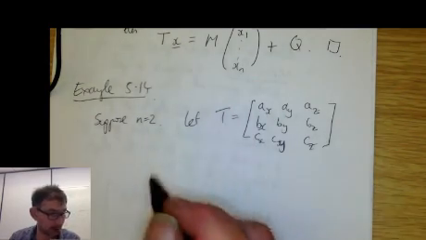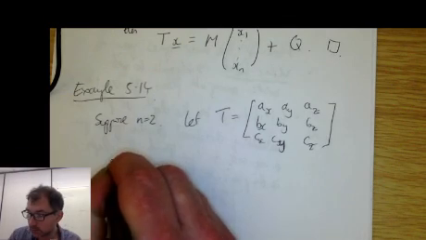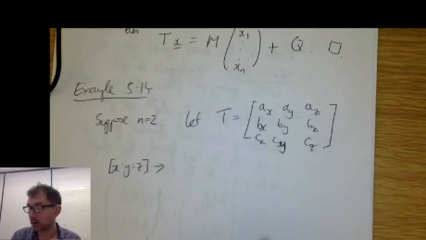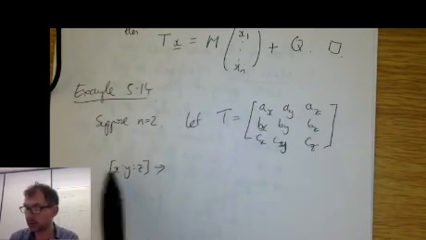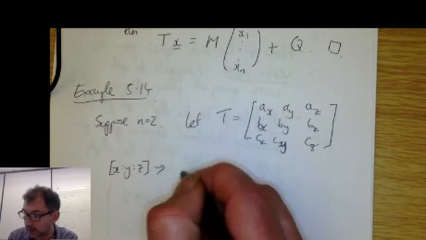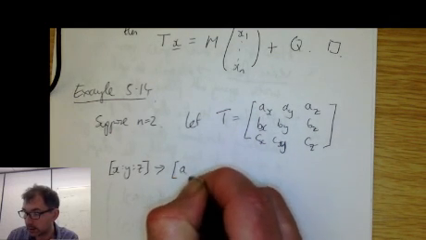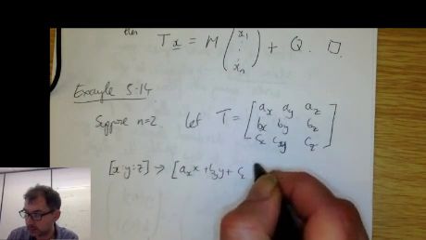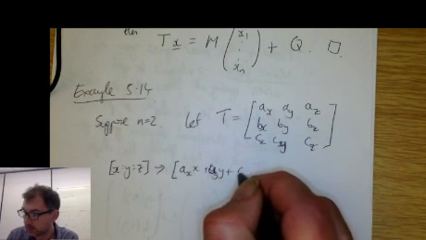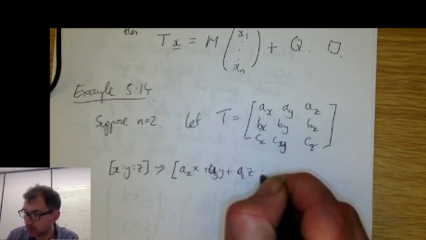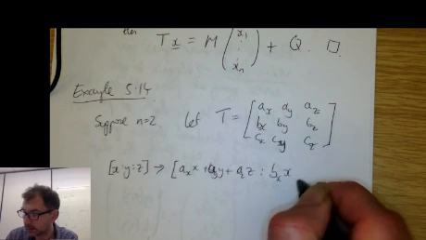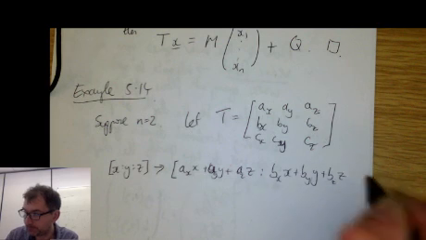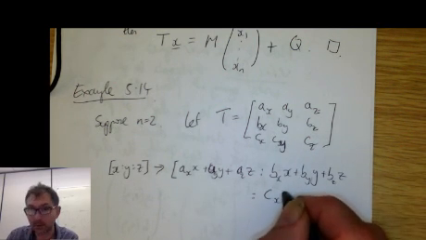So we have X, Y, Z goes to, so we're just multiplying this matrix by this and then just writing down what we get. So we're going to get AXX plus AYY plus AZZ colon BXX plus BYY plus BZZ colon, and then the same thing with C.